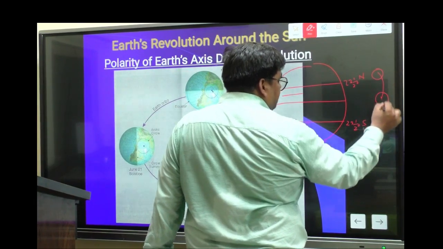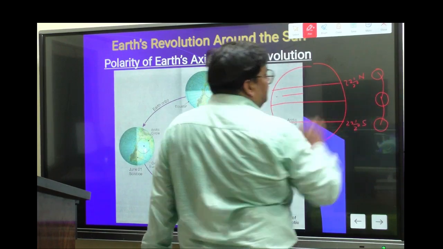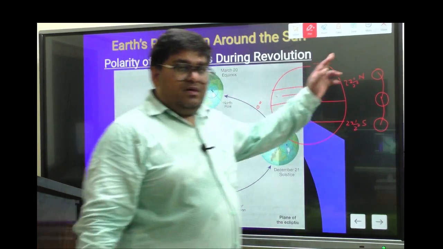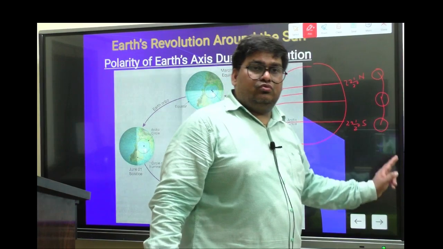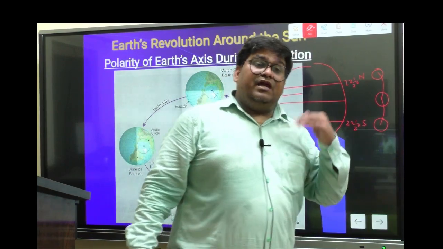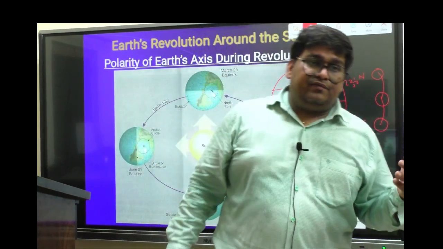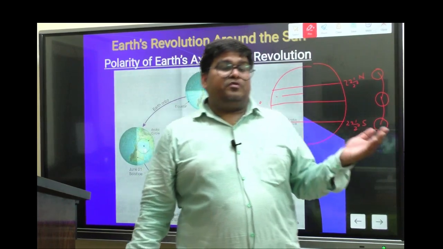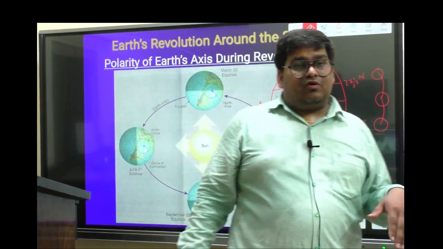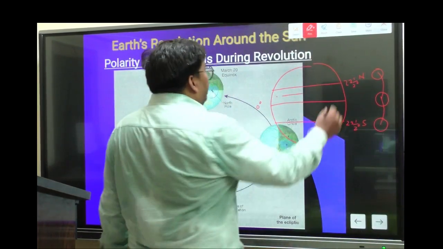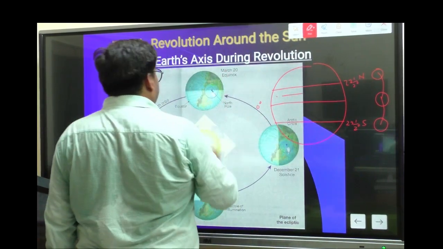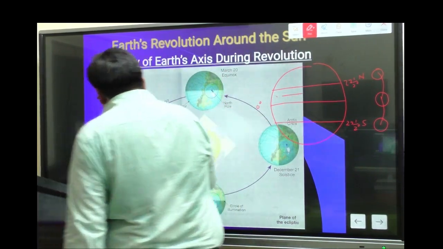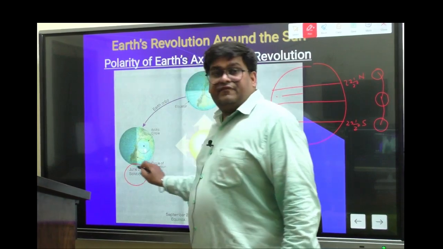So the Sun moves from the Tropic of Cancer to the Tropic of Capricorn. The apparent movement of the Sun never goes beyond the Tropic of Cancer, never beyond the Tropic of Capricorn. I'm talking about the summer solstice, on June 21st.